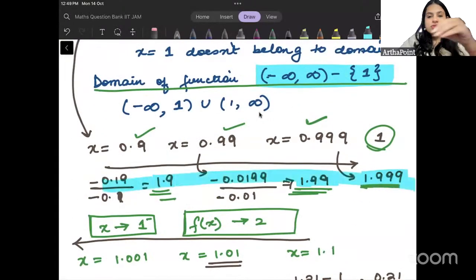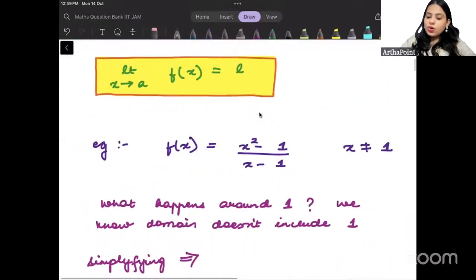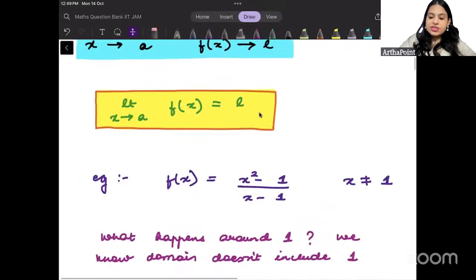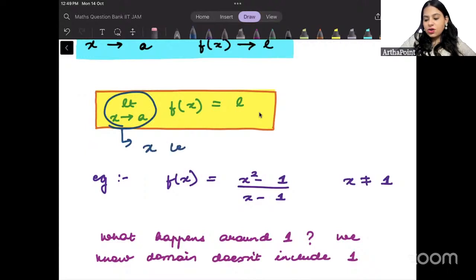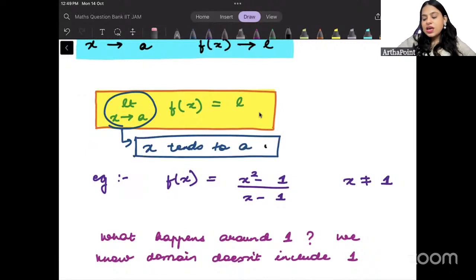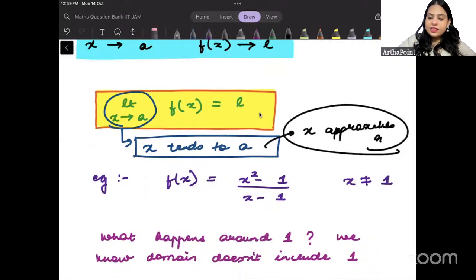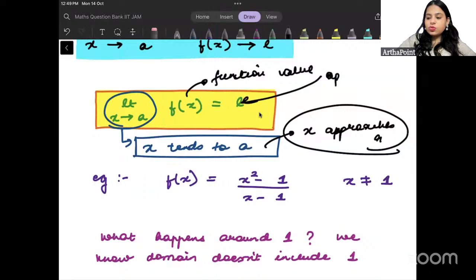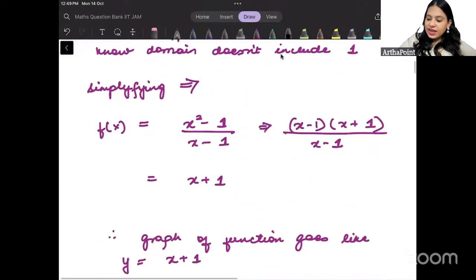So this is how we can represent it: limit x tends to A. X tends to A means x approaches A. Then the function value goes towards L. It approaches L. So as x goes towards A, the function value goes towards L, and this is the concept of limit, right? We have already done this example.